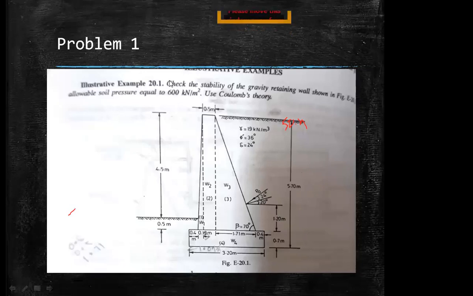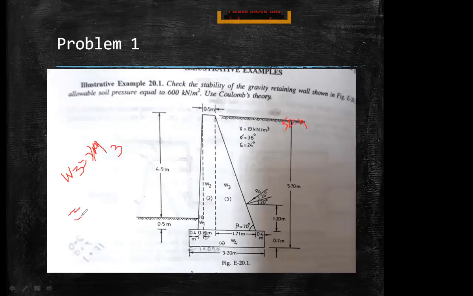Calculate and tell me what W3 is. What is the formula for W3 here? Gamma into A. 102.6, madam.